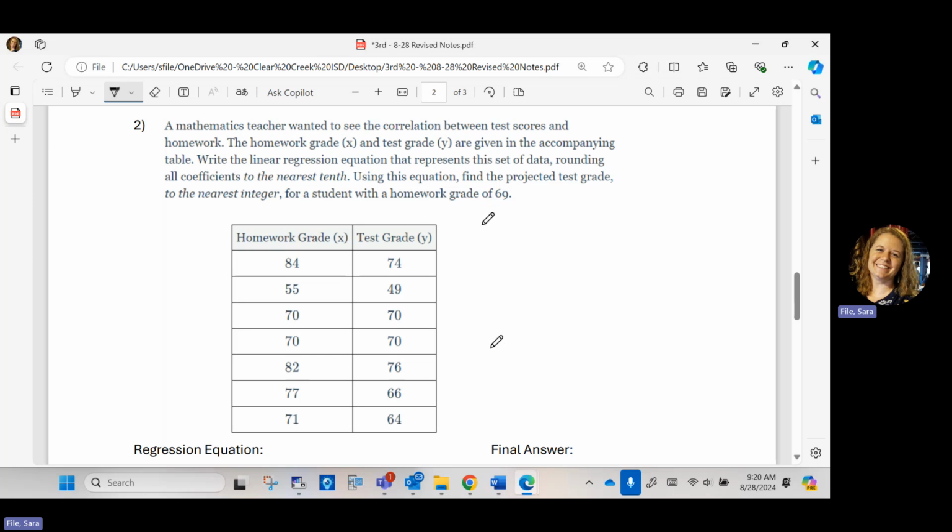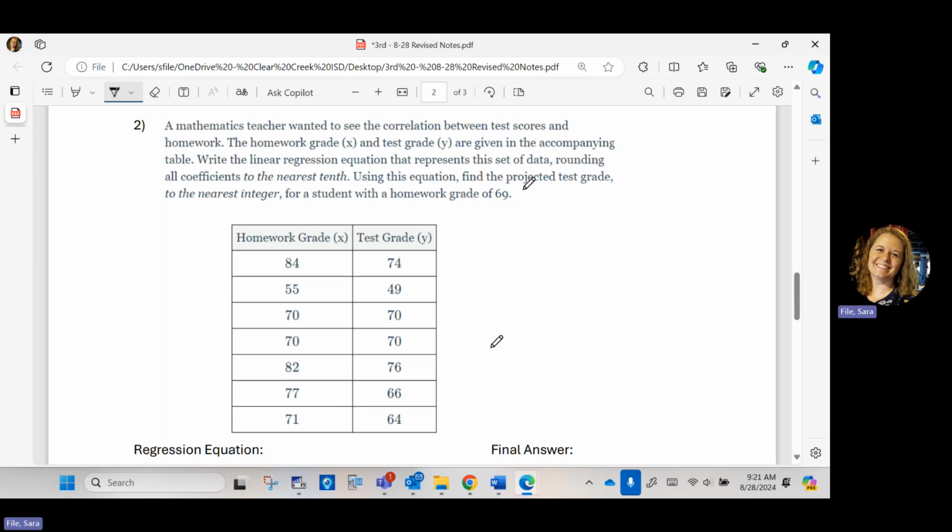It says the teacher wants to see the correlation between test scores and homework. So X is the homework grade, Y is the test grade. We want to come up with a linear regression equation that represents this data, rounding all coefficients to the nearest 10th, and then use it to find the projected test grade to the nearest integer for a student with a homework grade of 69.